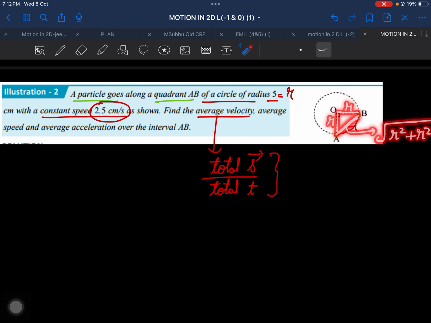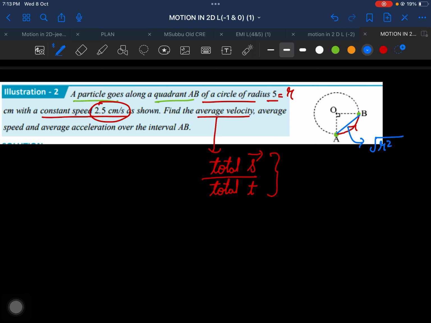So this distance, the displacement here, is under root r square plus r square, which is nothing but root 2 times r, as r will be common.